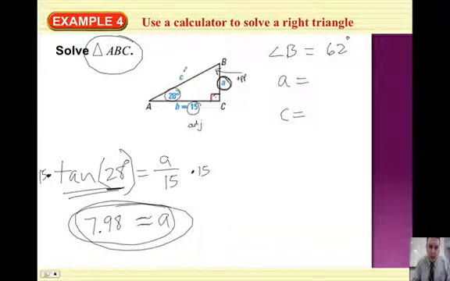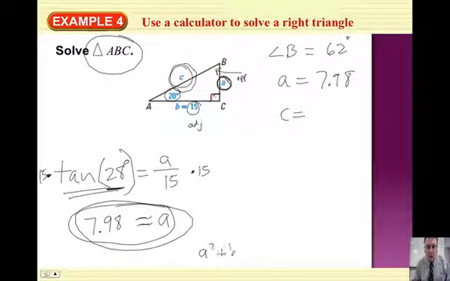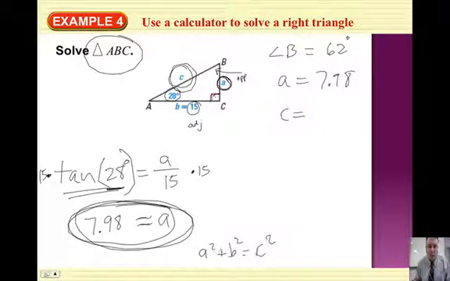Now next, last thing we need to find, so 7.98 is a. How do you find C? Well, we have B, we have A, you can find C, but you don't want to use A squared plus B squared equals C squared. Why? Because this is an approximation. You never want to use an approximation to find an exact answer, to find the best answer. So you just go based on what's given. You're given 28 degrees. You're given 15.